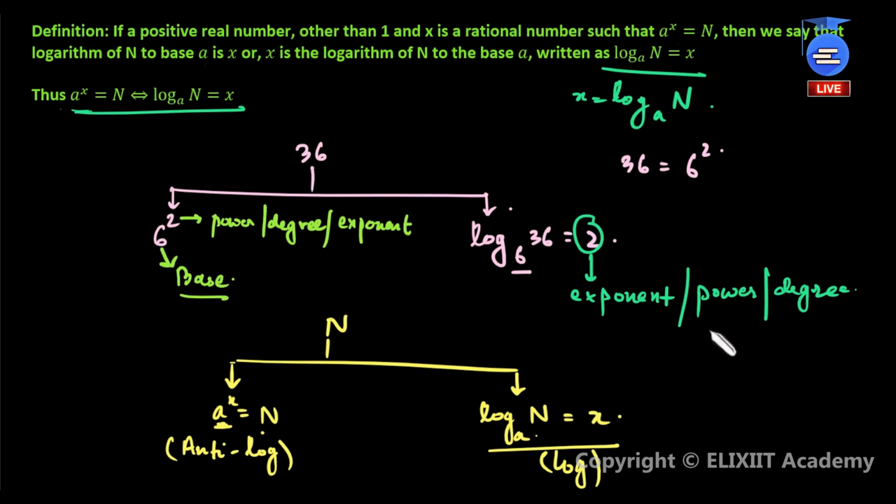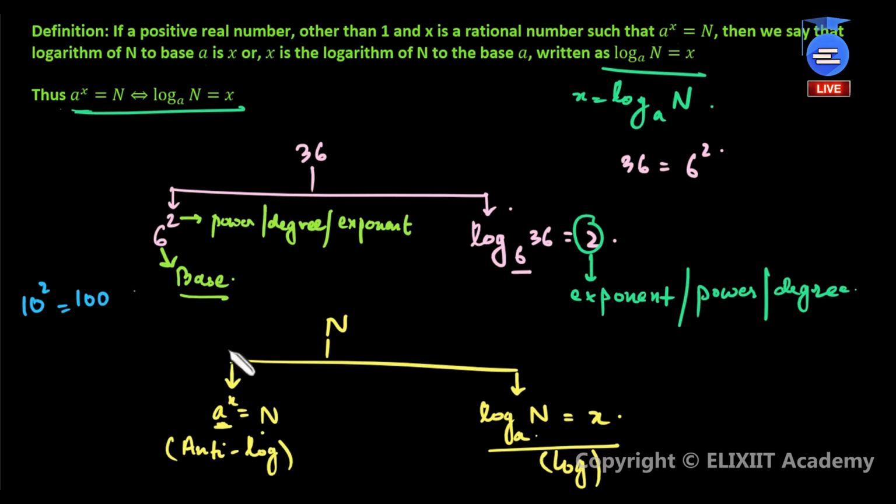So any number can be represented either in the form of powers or in terms of log, either in terms of anti-log or log. Consider this example. You have 10 square. 10 square is what? 100.